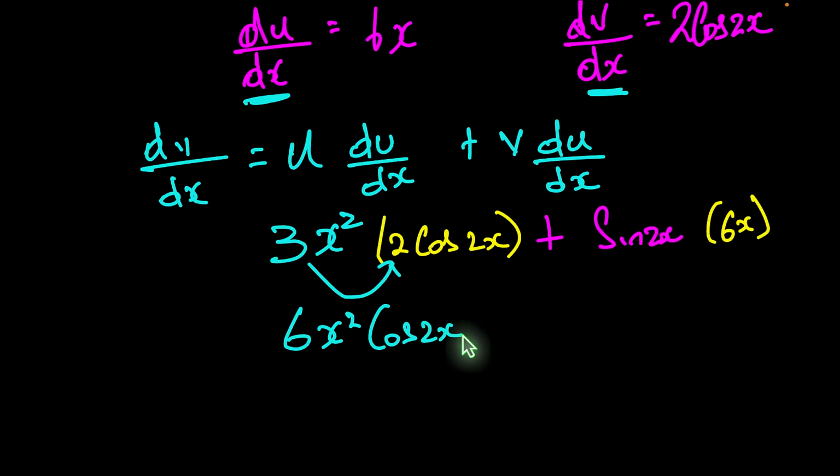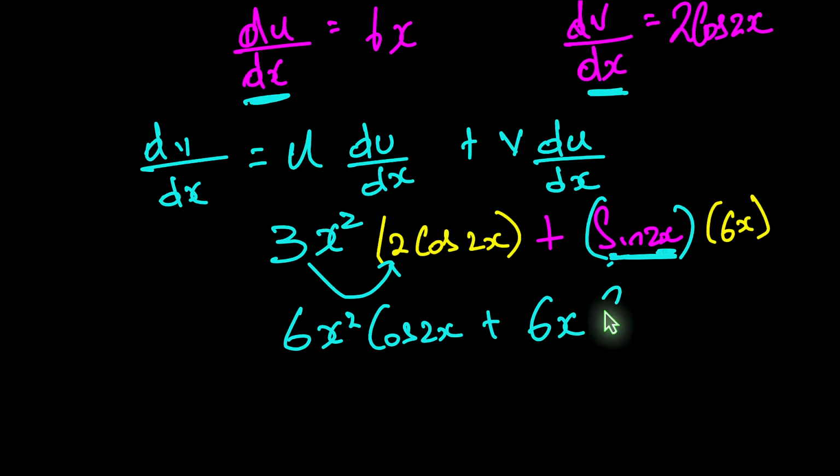And then on this next side, this is 6x times sin 2x. Be careful not to multiply this 2x, because this 2x is a part of this entire function. So this is what we're multiplying. This can only be 6x times sin 2x. So that's for that one.